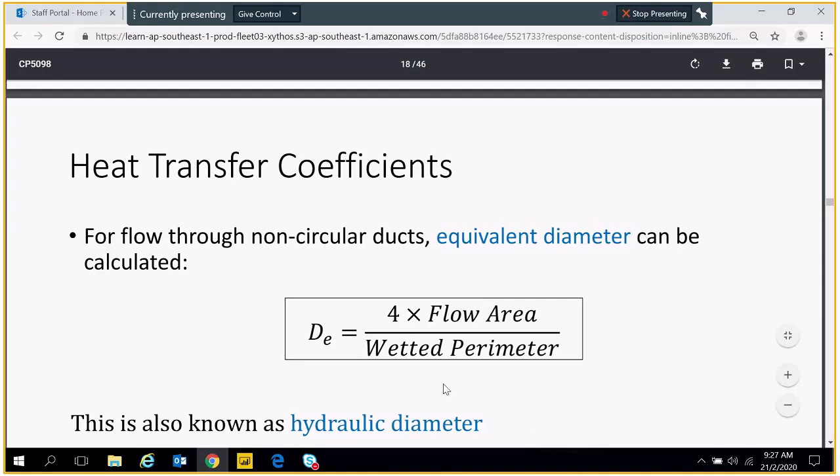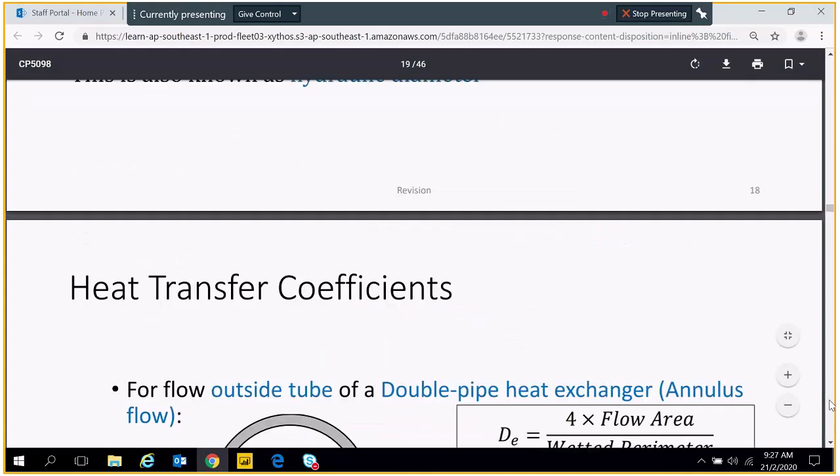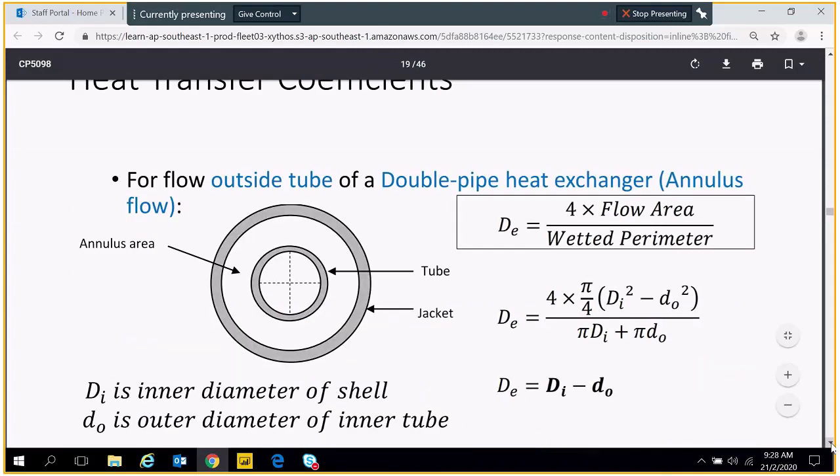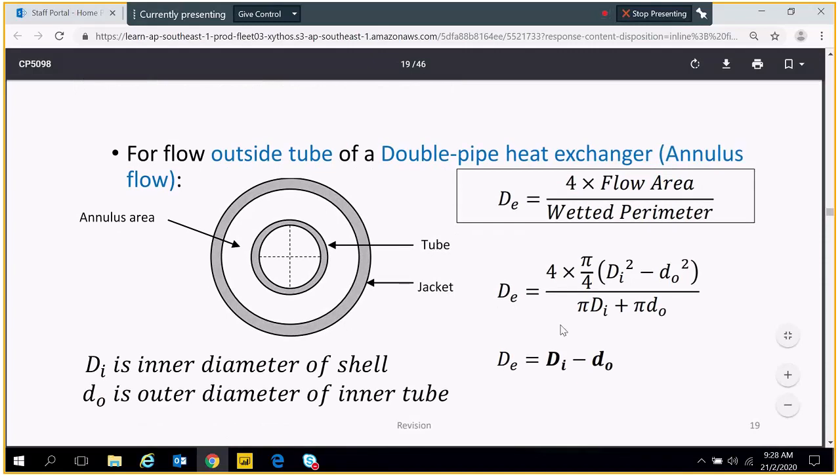This one must be memorized. I repeat, this one you must memorize: the equivalent diameter, or hydraulic diameter. This is very important. And study this one. You will see the capital D and a small d. The capital D is for the big pipe.